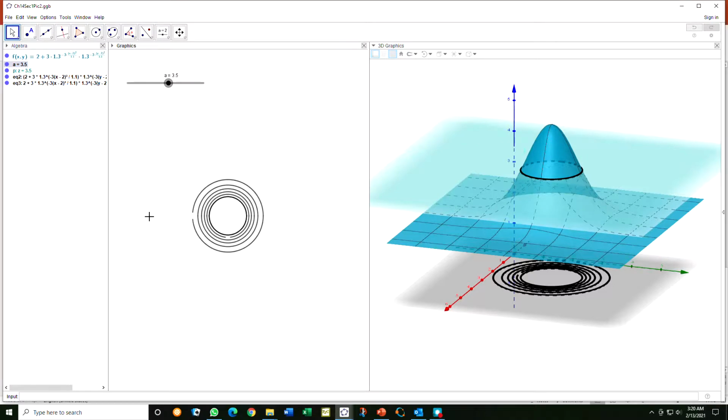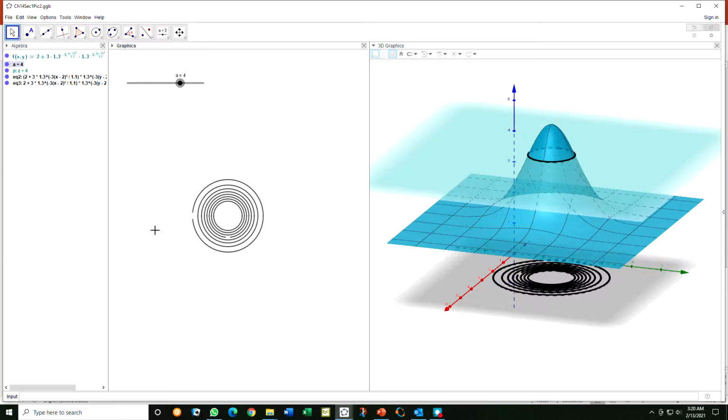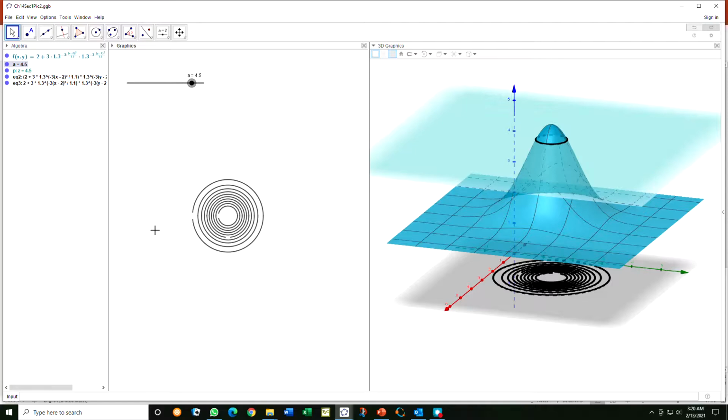But as such, these are all full, complete circles. So sorry about the display. And as you can see, as we keep going up, we keep getting concentric circles, in fact smaller and smaller.